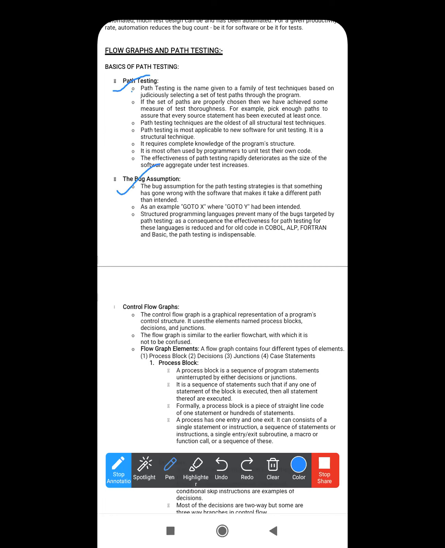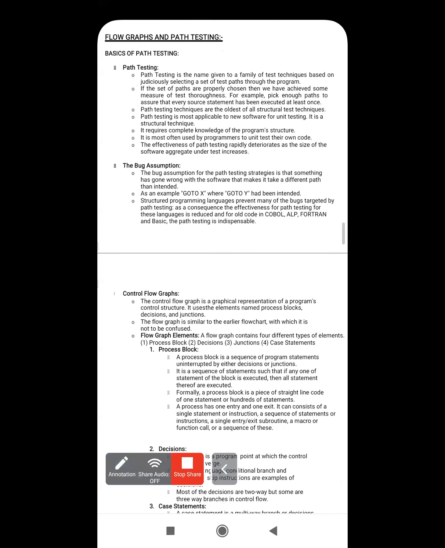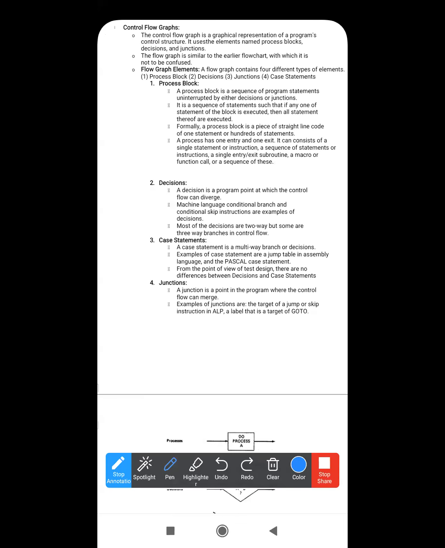Next one, control flow graphs. In control flow graphs, we have a number of elements of flow graphs. In those elements we have process block, decision, case statement and junctions.